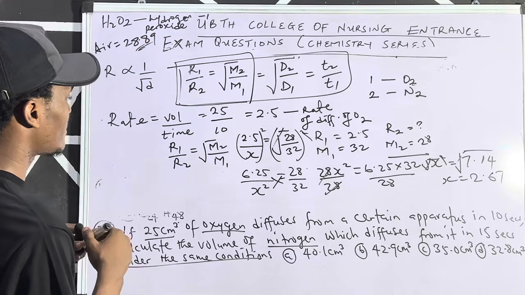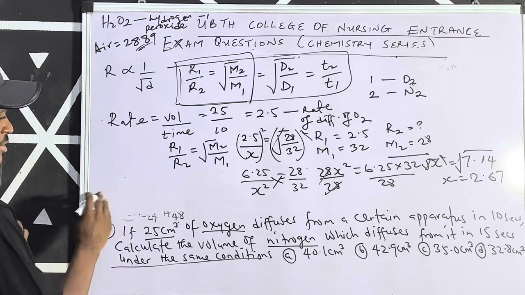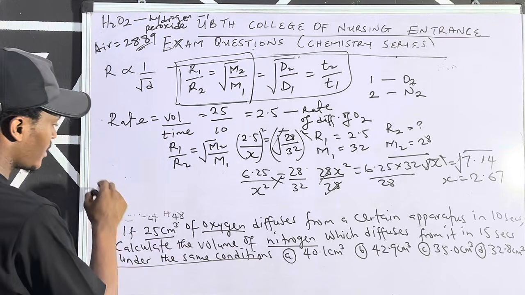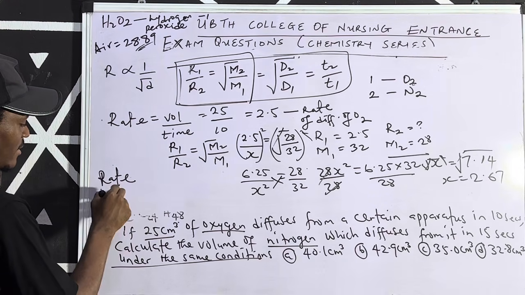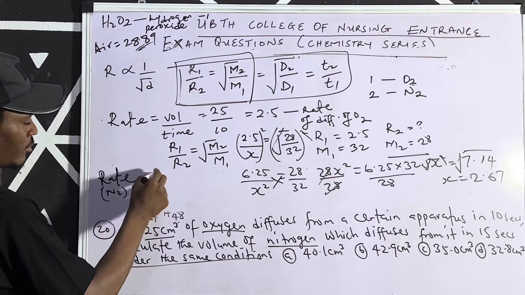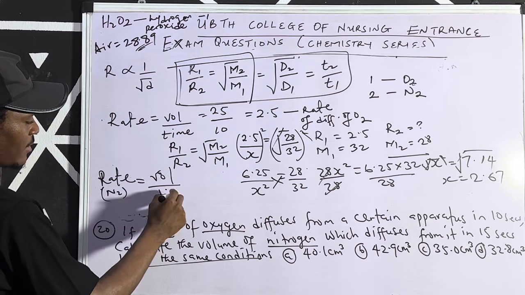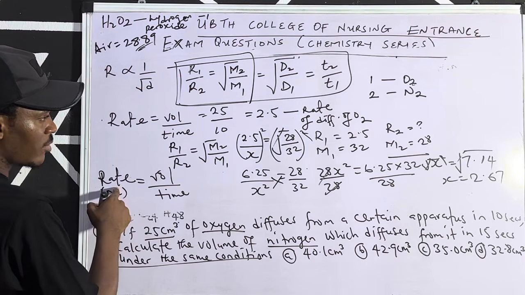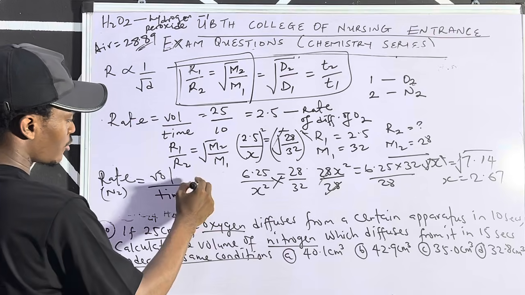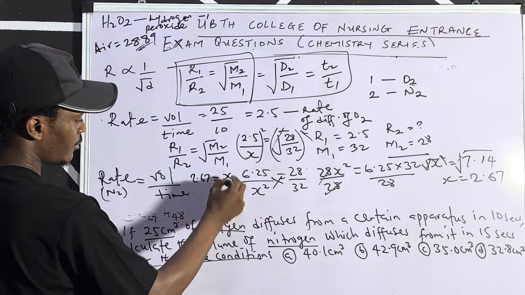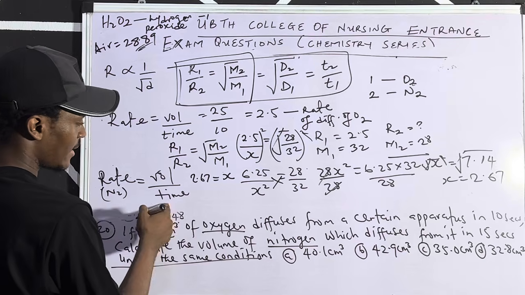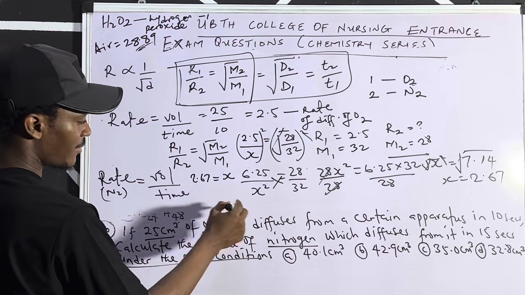Next, since we know the rate of diffusion of nitrogen, we can calculate the volume. The rate of diffusion of nitrogen equals volume over time. We got 2.67 as the rate, so 2.67 equals volume, which is unknown and is what we are told to find, over the time, which is 15 seconds.